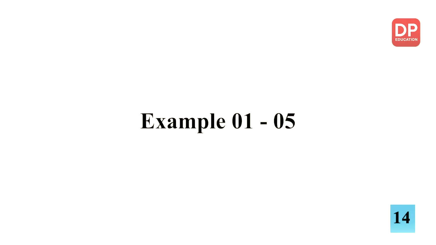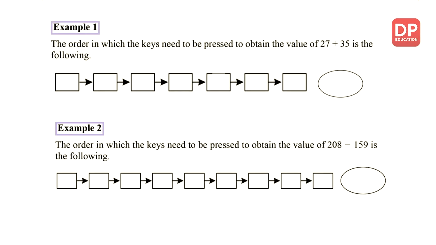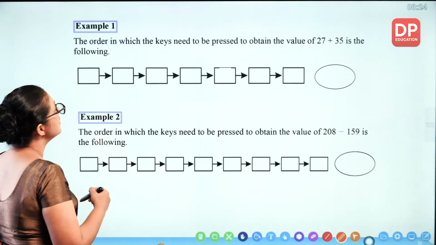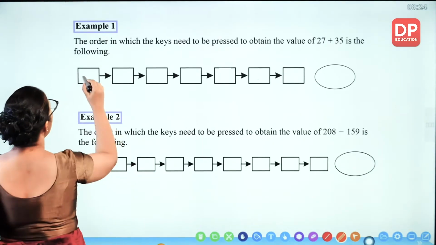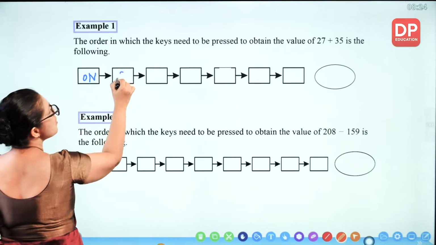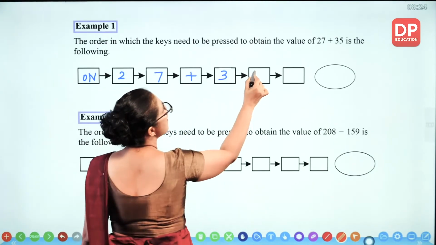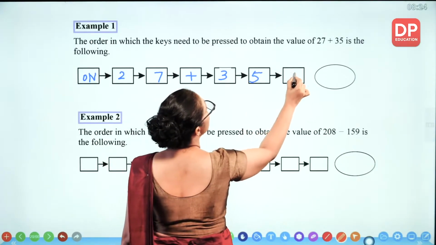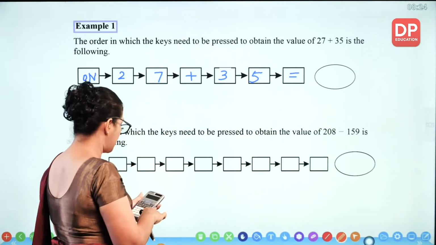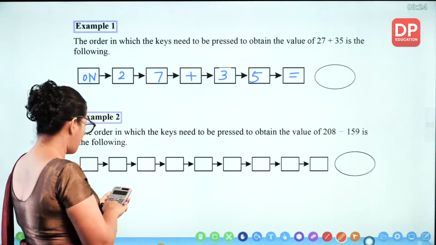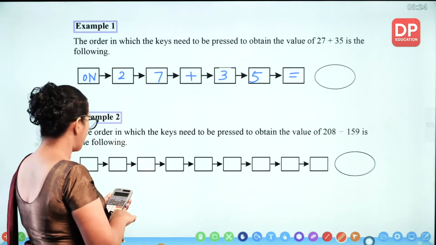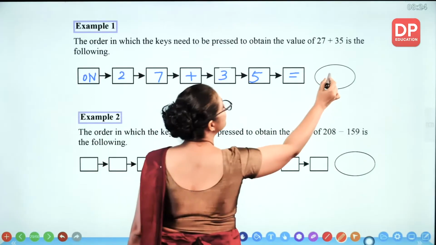Now we'll look at example 1 in your textbook. The order in which the keys need to be pressed to obtain the value 27 plus 35 is following. So what are the keys? Switch on, 27 plus 35 and then press the equal sign. So what's the answer? 27 plus 35, 62.